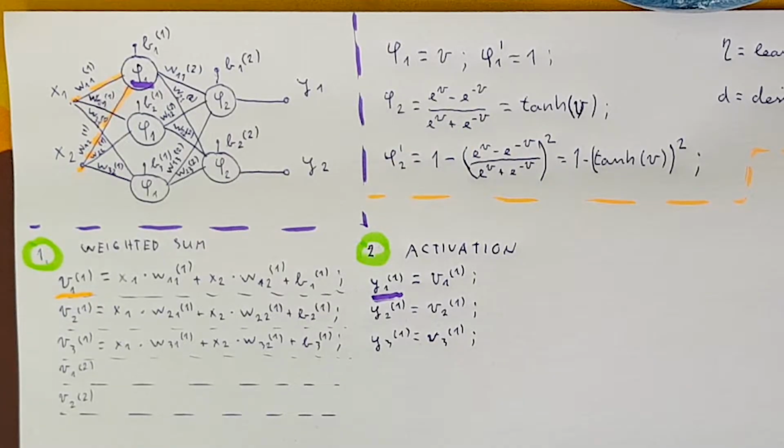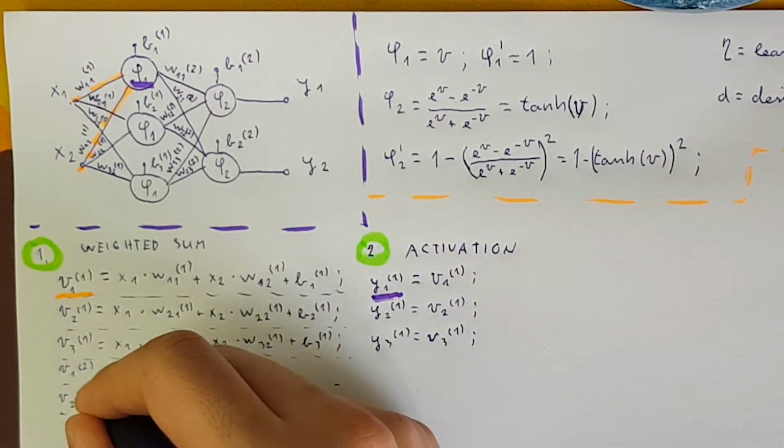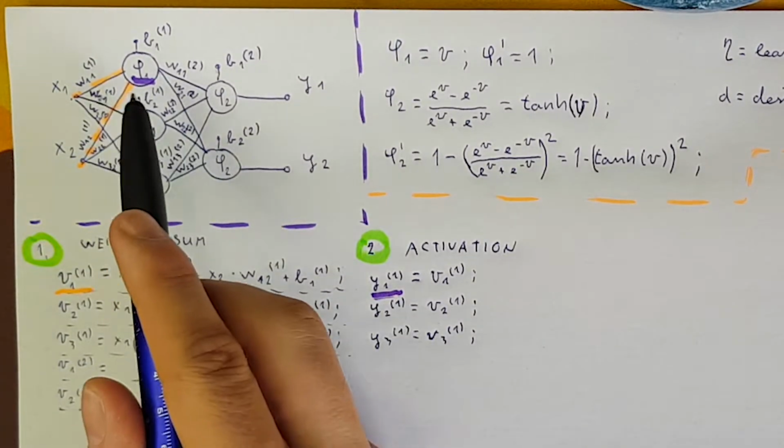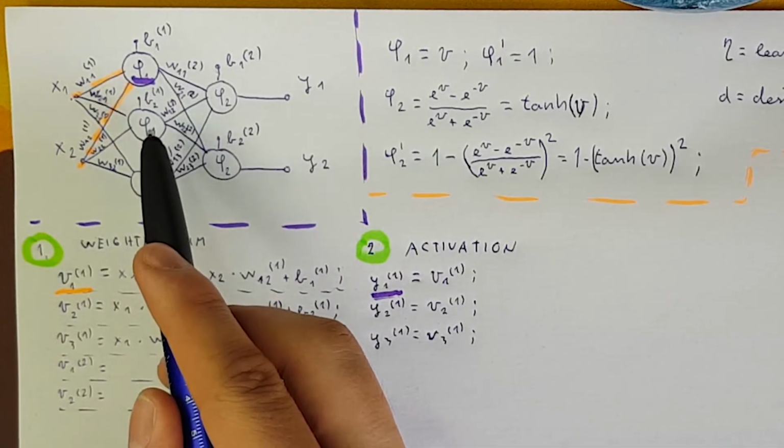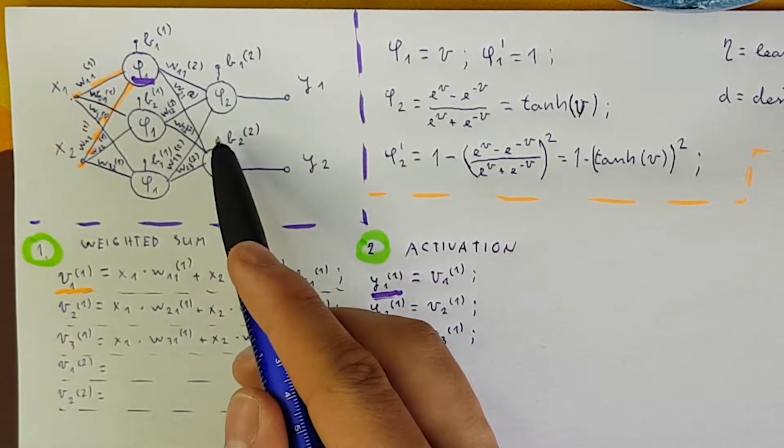And now that we have the activation functions applied to the first layer, we can write the weighted sum of the second layer, which is our output of the first layer multiplied by the weights.